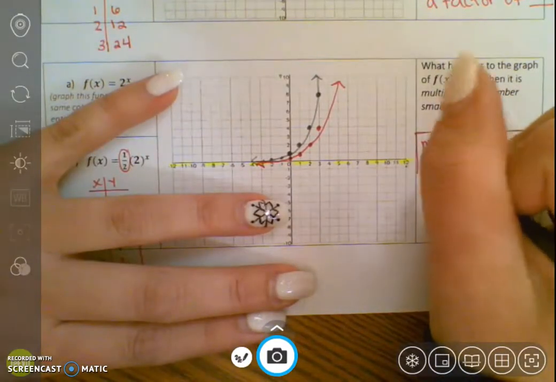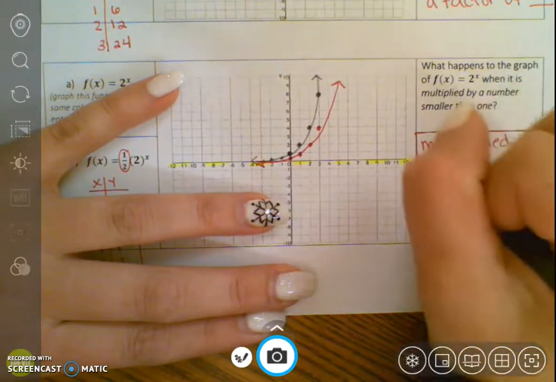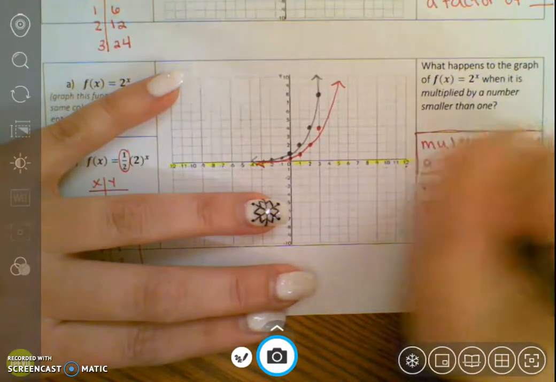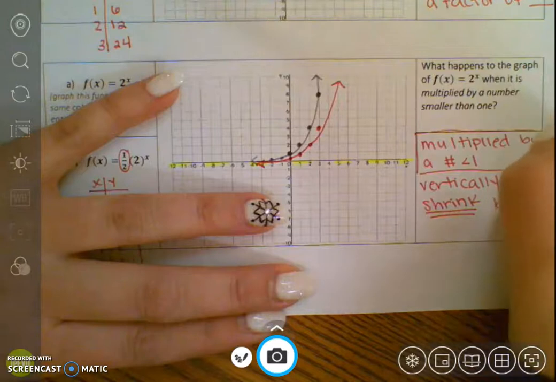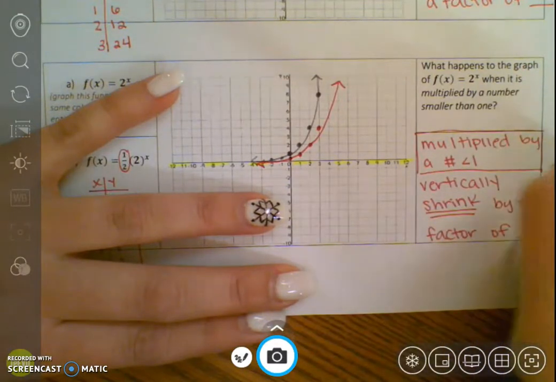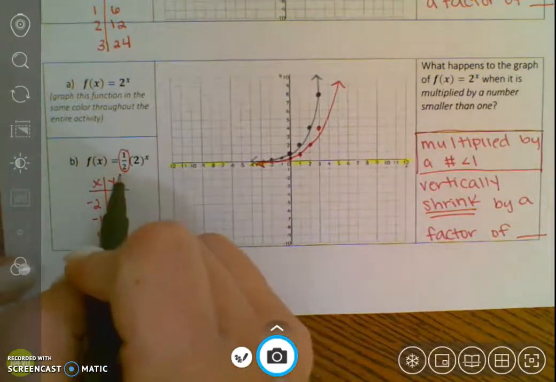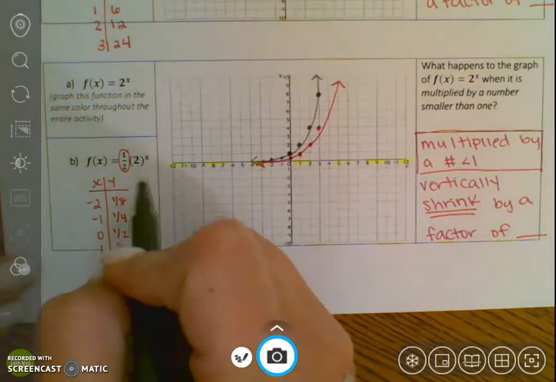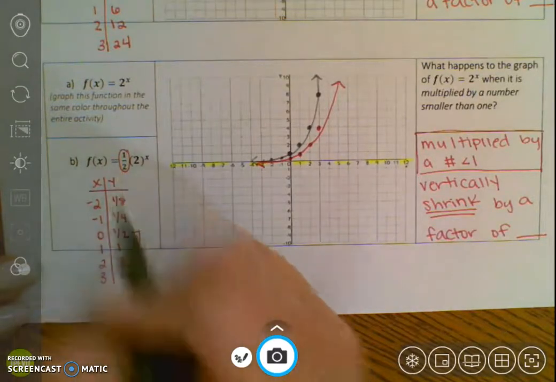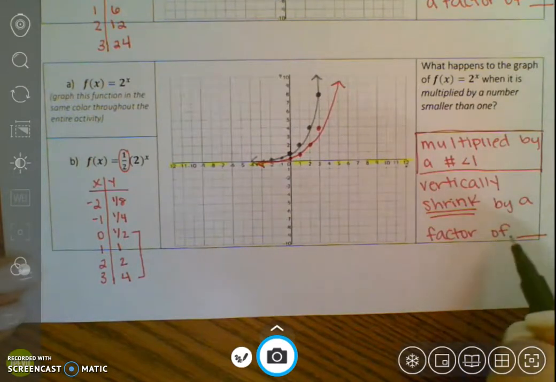That's what we're writing below. Vertically shrink by a factor of blank. So in this case, it was vertically shrunk by a factor of 1/2. If it was a 1/10 in the front, it'd be vertically shrunk by a factor of 1/10.